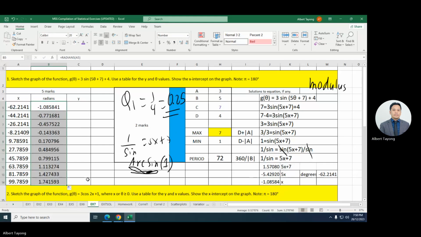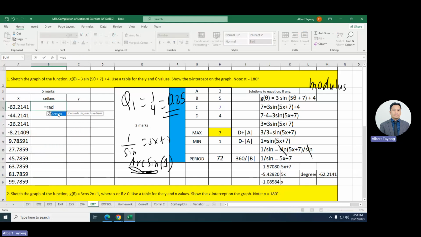Do you have the same values or no? Again, equals RAD, radians. Radians of the first, enter, and drag it down.